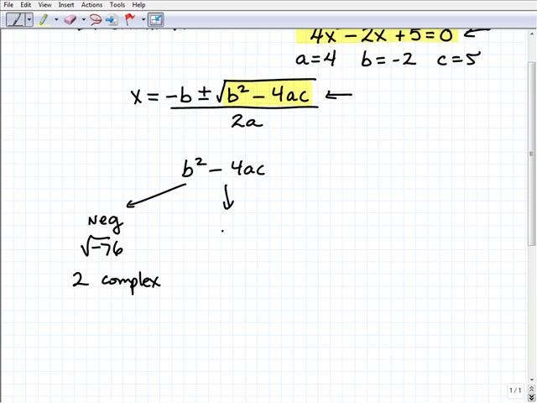Now, if you have a positive number as your discriminant, let's say the square root of a positive 76, that means that when you finish doing your quadratic formula, you'll simply have two real number roots. And one neat thing is if the discriminant is equal to 0, you're going to have what they call one double root.